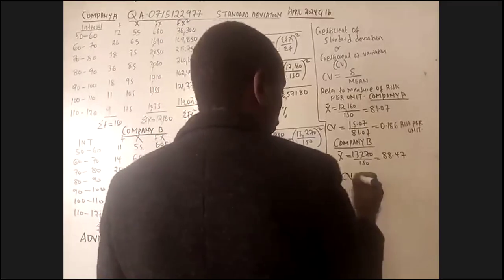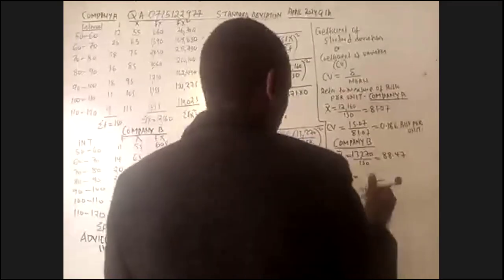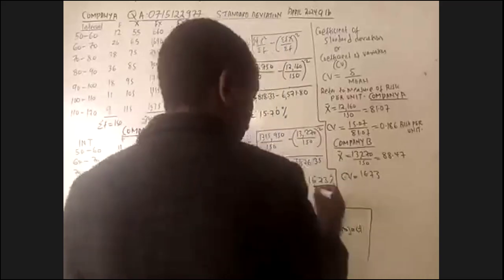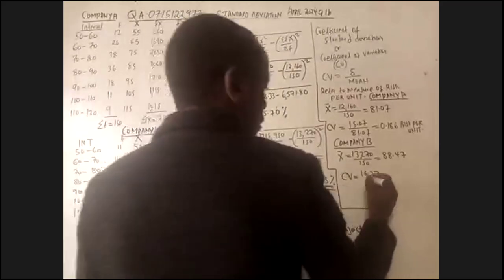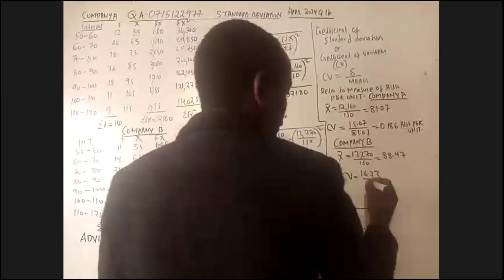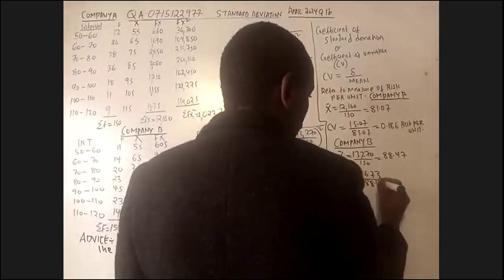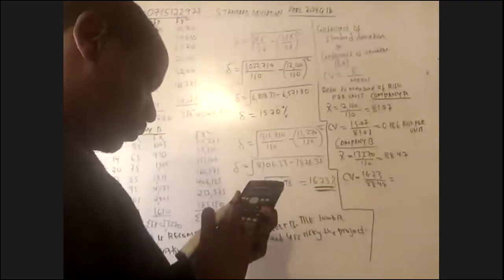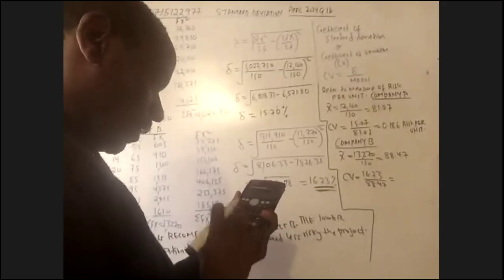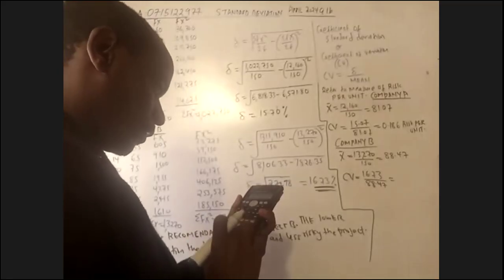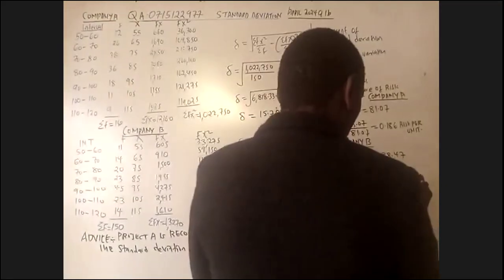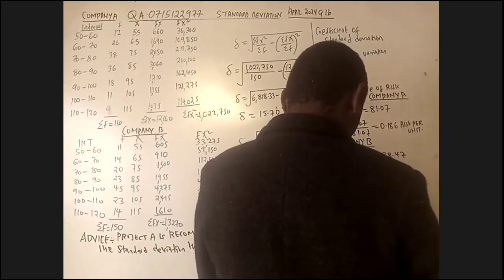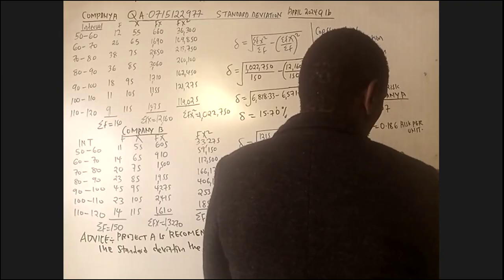Our coefficient of variation is the standard deviation over the mean: 16.73 divided by 88.47, which is 0.189 risk per unit.